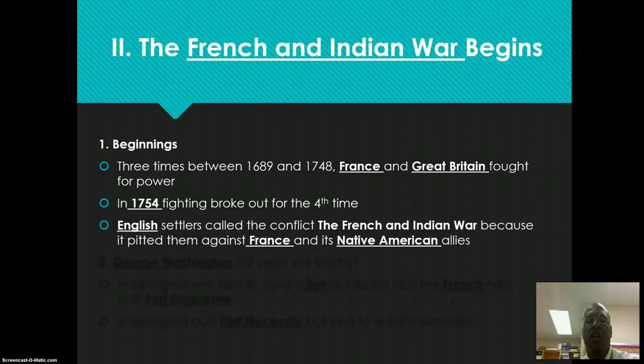The English settlers called this conflict the French and Indian War because it pitted them against France and its Native American allies. Some tribes they were working along with or trying to keep peace with; others they had already had interactions with and chose to fight, as I said on the last slide, alongside them.